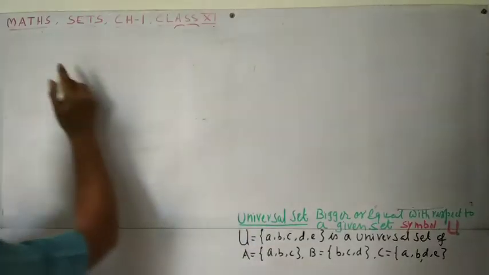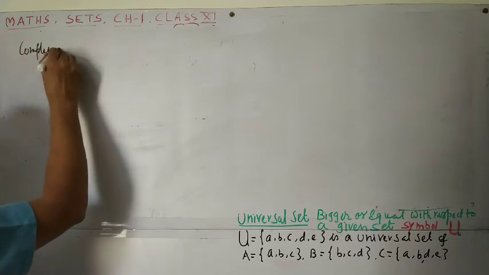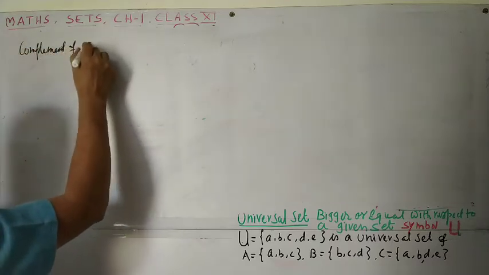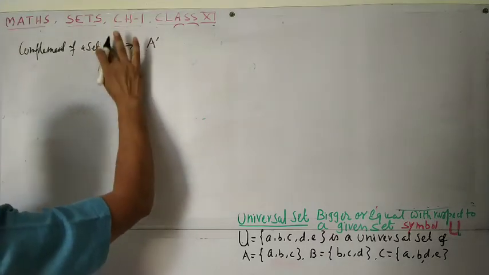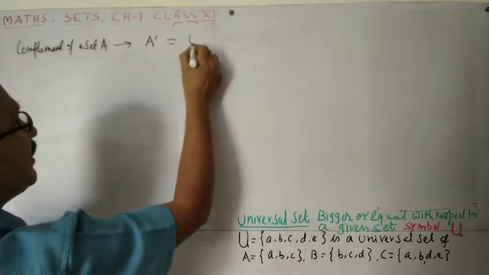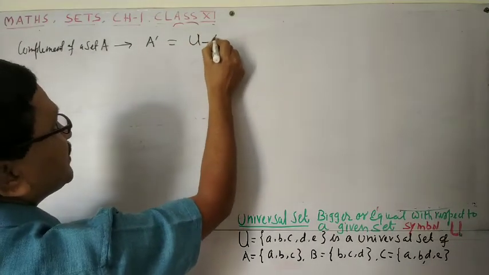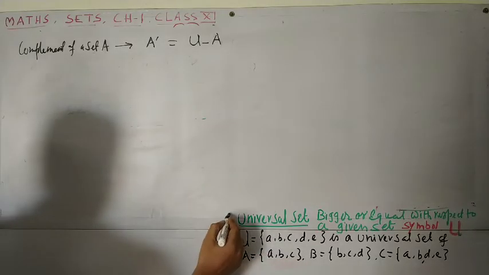Now, what is the meaning of this and what are the uses of this? Why do we learn the universal set? There is a term, complement of sets. Complement of set A is symbolized by A complement, and mathematically it is U, the universal set, minus A. It is very easy to find a complement for this question.